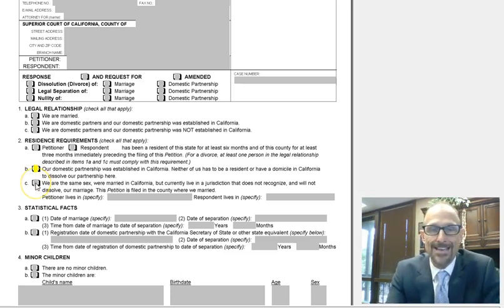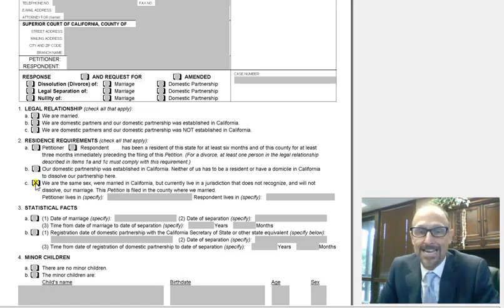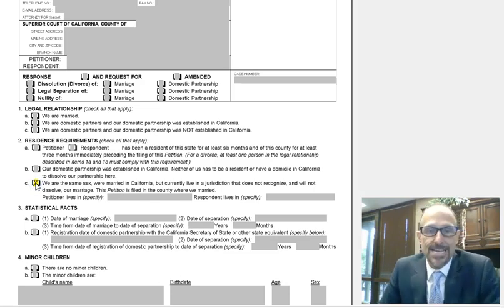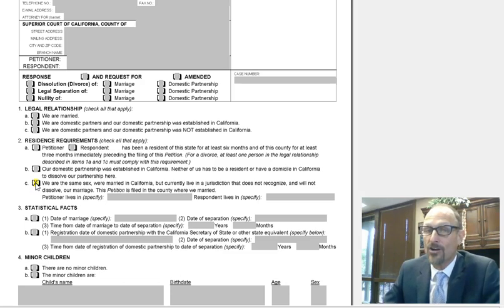You can mark B. Letter C is: we are the same sex, we were married in California, but currently live in a jurisdiction that does not recognize and will not dissolve our marriage. So that's another state that does not recognize same-sex marriages.